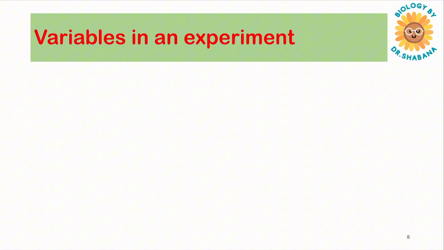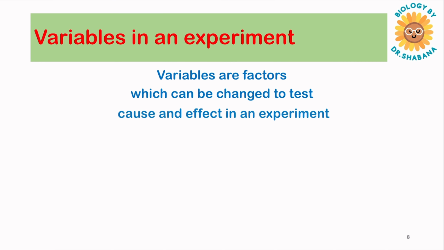Now before we move further, we need to understand the concept of variables. Variables by definition are factors which we can change or test, cause and effect in an experiment, but it simply means those things that we manipulate or observe in an experiment. Temperature, concentration, volume, time, and all of those things are collectively known as variables.